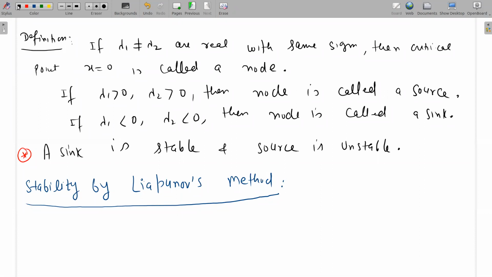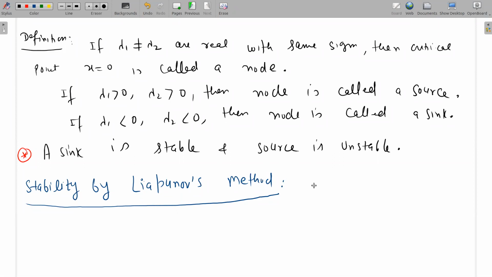So this is somehow related to energy of the system. Those who have studied physics, so energy. So if total energy in a physical system has a local minima, then that point is called stable.